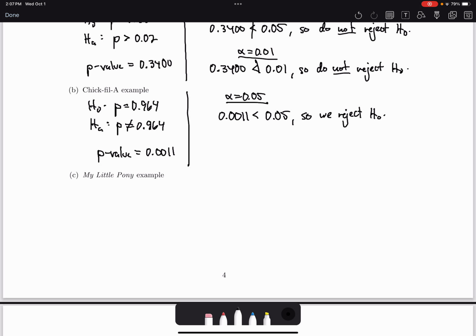Okay, what about the 0.01 level of significance? Would we reject the null in that case? Well, we compare our p-value to alpha, and we ask ourselves, is our p-value less than alpha? And once again, the answer is yes, right? So we reject H null.